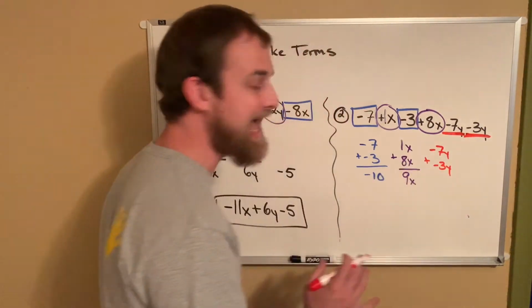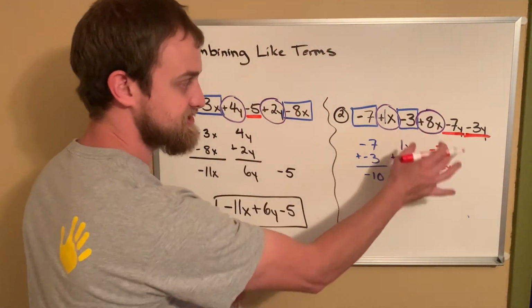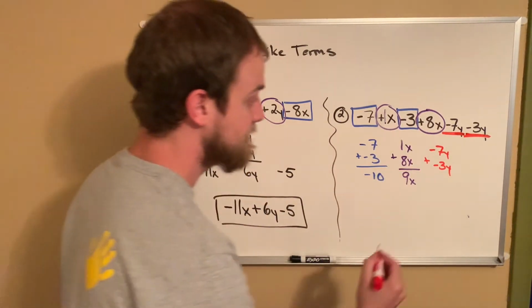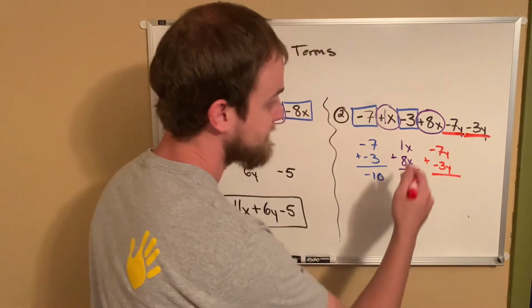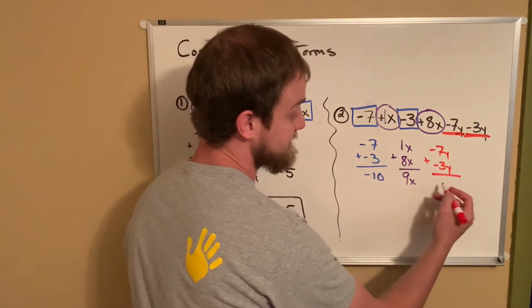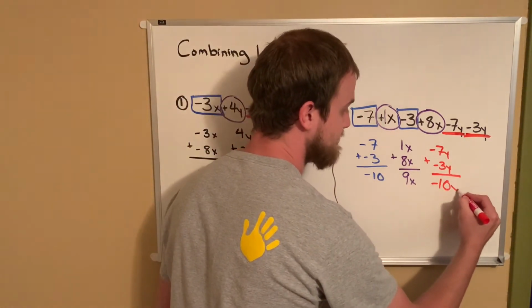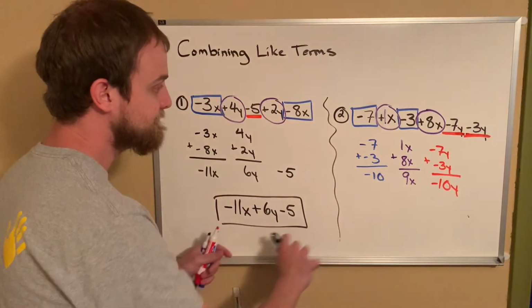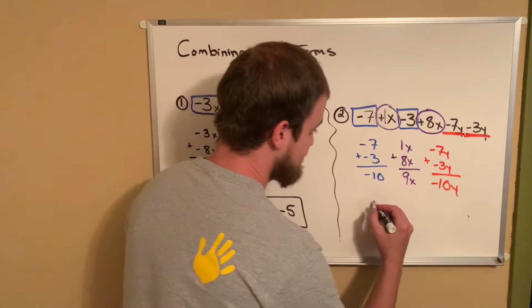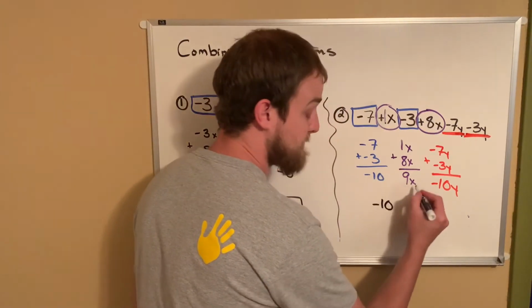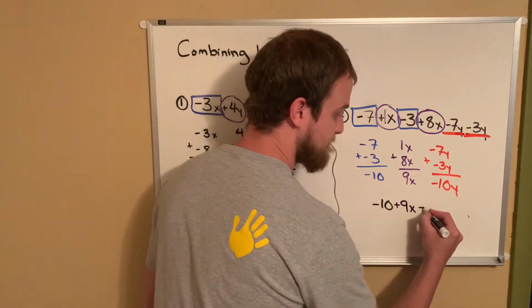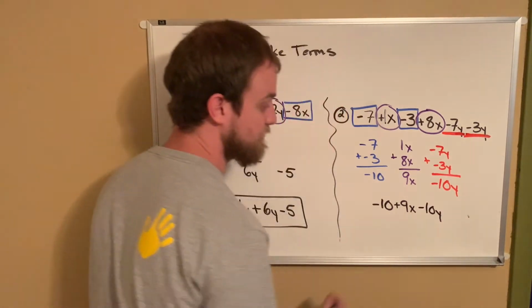Notice I'm always adding. The signs stay with the terms, but I'm always adding because of this word, combine. When we combine things, we're adding. Negative 7y plus negative 3y gives me negative 10y. We're now ready to write our final answer. Negative 10, this is a positive 9x, so I'll write plus 9x, minus 10y, or negative 10y.